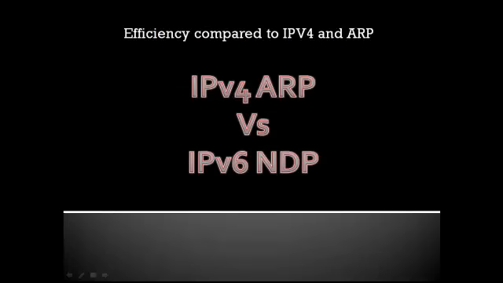Solicited node multicast addresses are used with IPv6 neighbor discovery to provide the same function as the Address Resolution Protocol in IPv4. ARP uses broadcast to send an ARP request to the broadcast address 255.255.255.255, which is received by all stations on the local link.